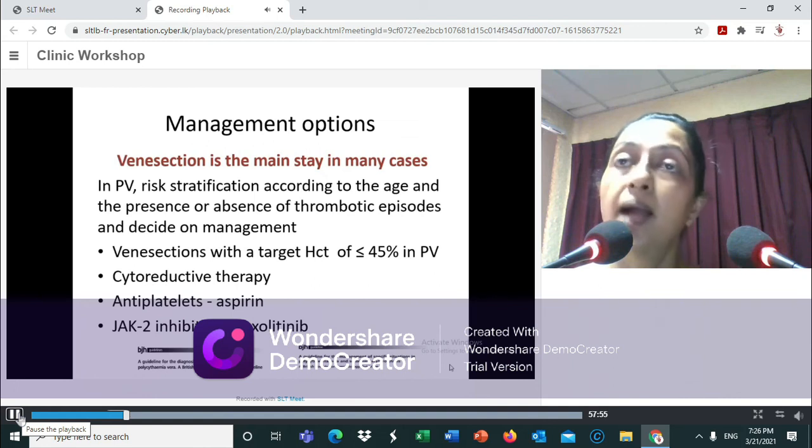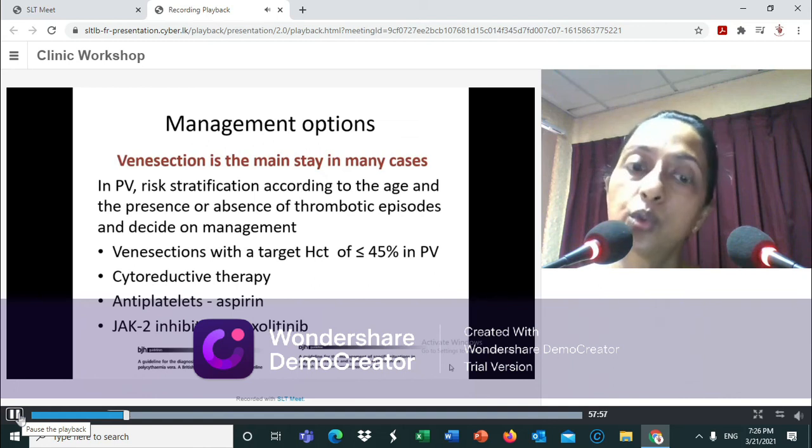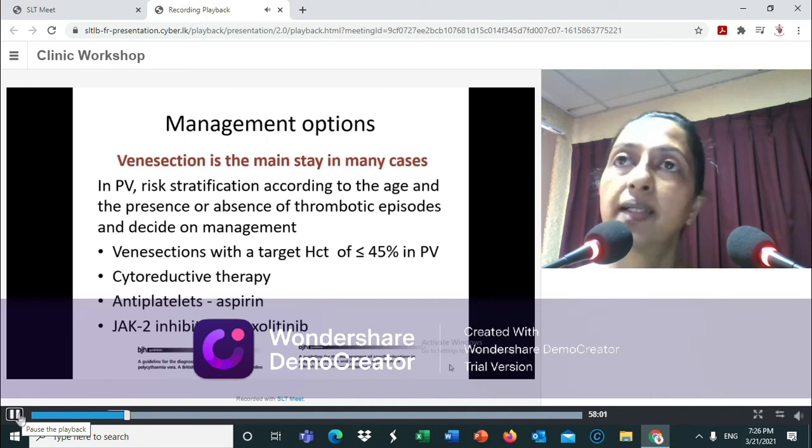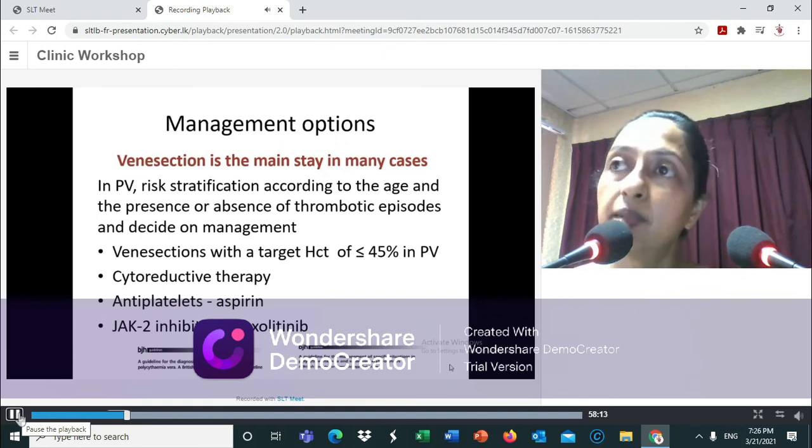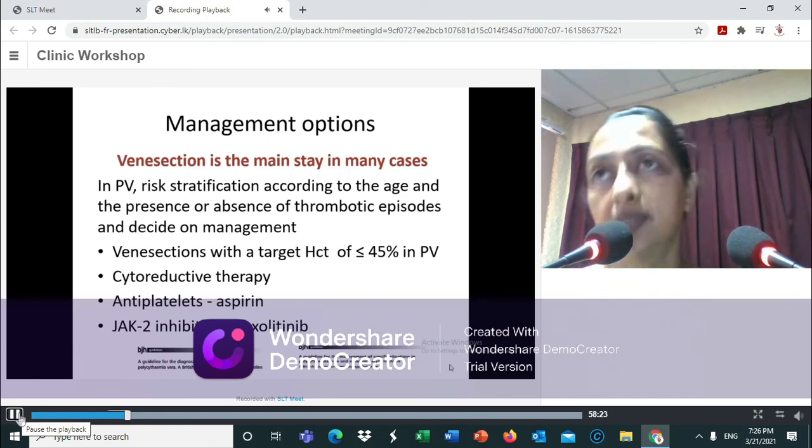And now we have JAK2 inhibitors, the commonly used one is ruxolitinib. There are definite indications for the use of ruxolitinib in polycythemia vera patients. All the patients will not get it. So these are the available treatment options. With these, you can control the disease and the thrombotic risk in polycythemia vera patients.